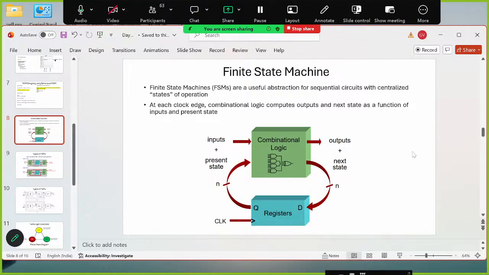But when we talk about the designing of digital integrated circuits or digital design systems, the whole electronic system design concept relies on it. The topic of finite state machines is very important in order to design complex systems.